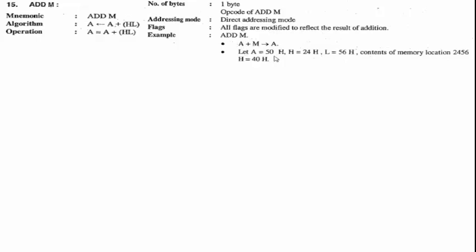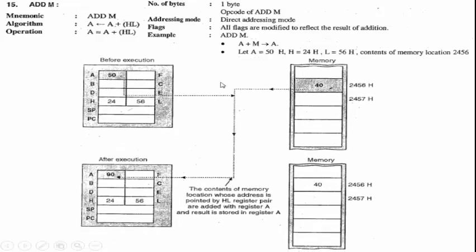Suppose before the execution of this ADD M instruction, in the accumulator we have 50 hex, H register with 24 hex and L register with 56 hex.